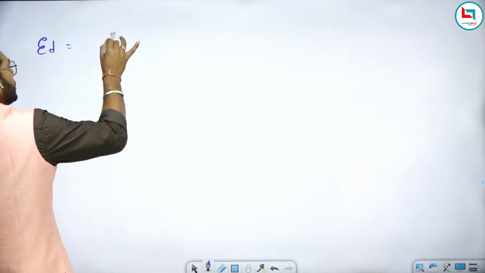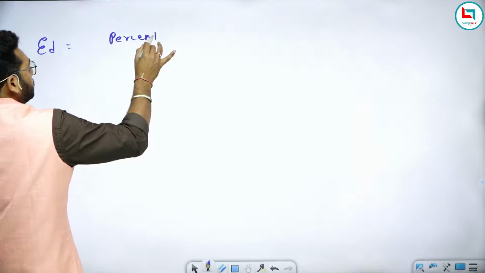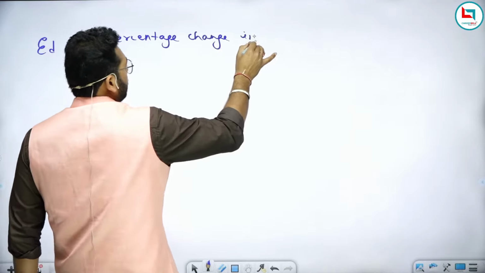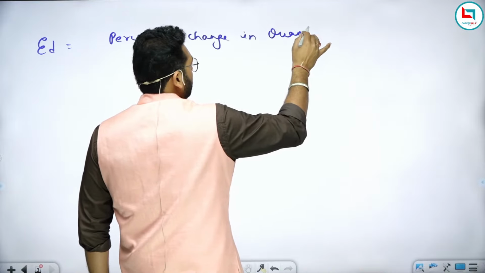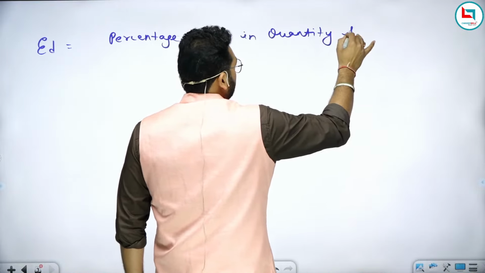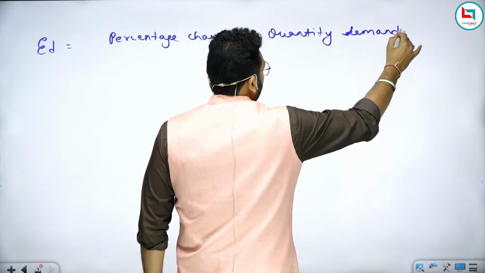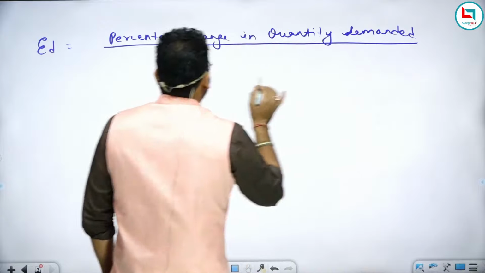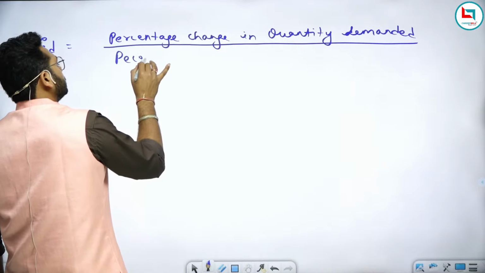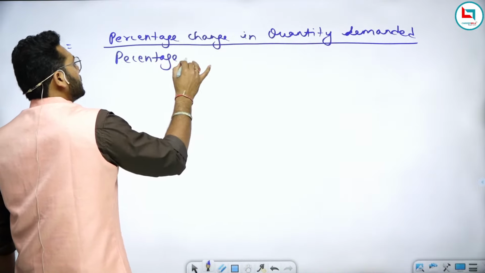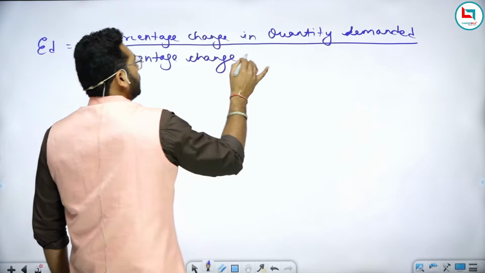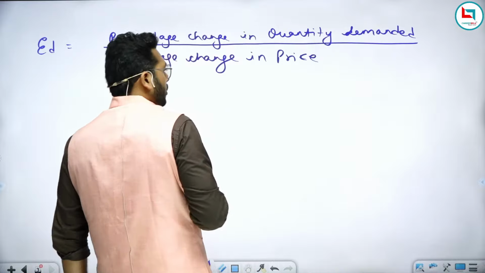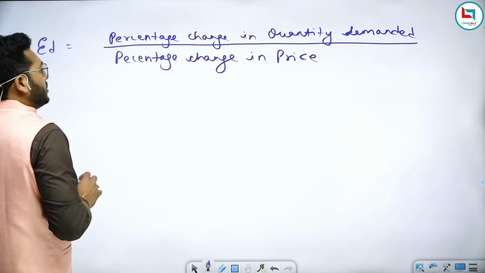The percentage change in quantity demanded upon the percentage change in price. Just write it down. Percentage change in quantity demanded upon percentage change in price, right?